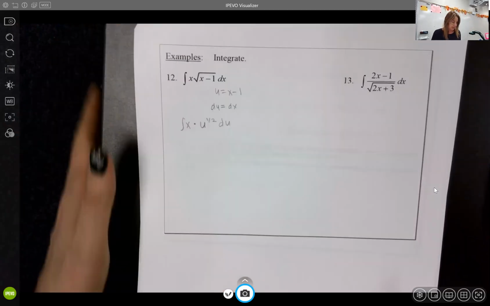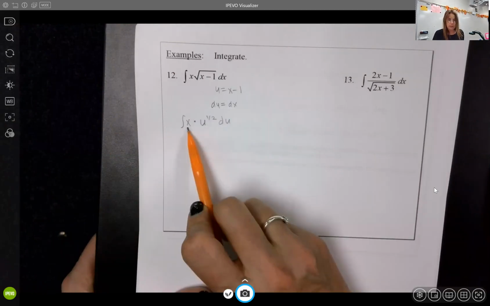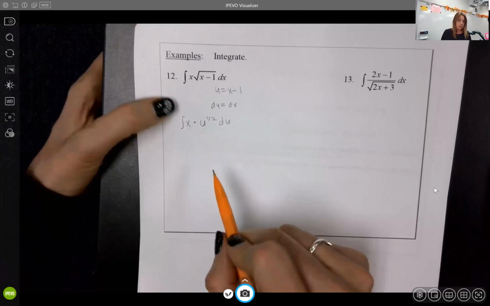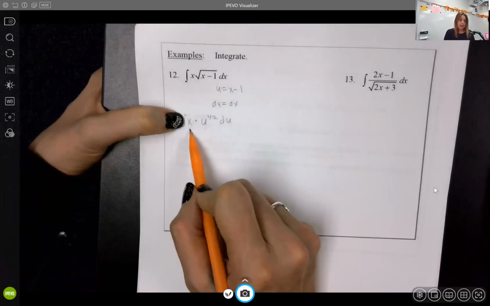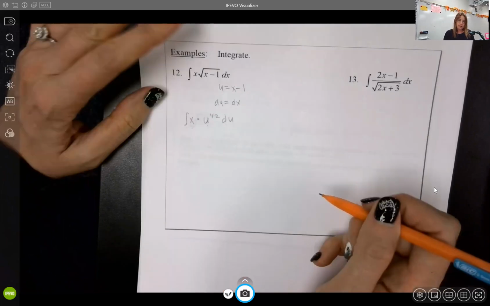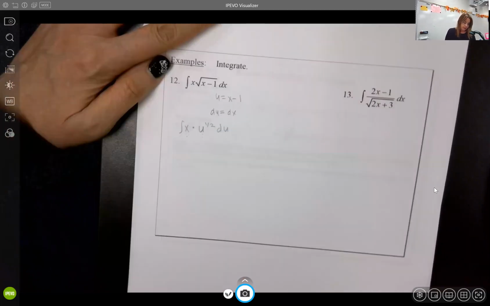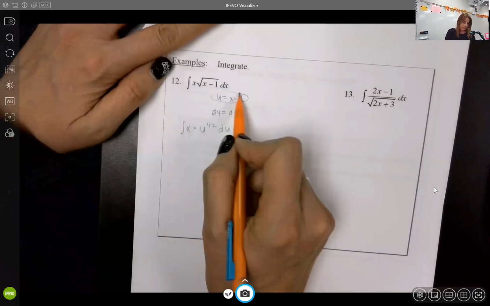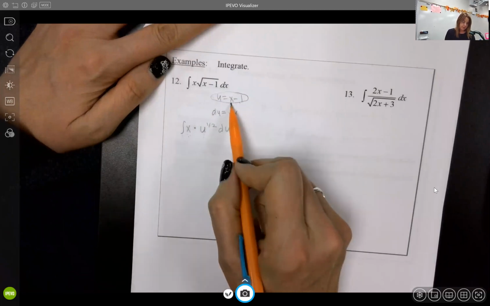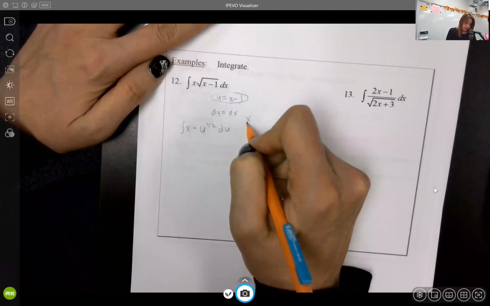Well, my problem is that I have this x here, and I can't take an integral with an x and a u. It has to be the same variable. So I need to figure out a replacement for x that has a u in it. If I look at the original u equals x minus 1, I can turn this around and solve for x by adding the 1 over. So x is equal to u plus 1.